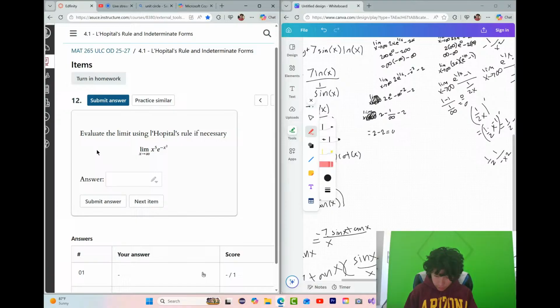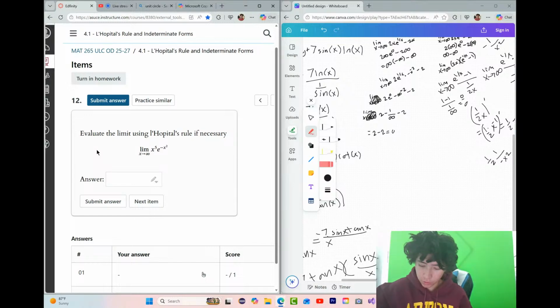All right. And then the derivative of 1 over x to the power of 5, and that is equal to 1 times x to the power of negative 5, a derivative of that. And that equals negative 5x to the power of negative 6. All right, cool. Beautiful. Let's go.